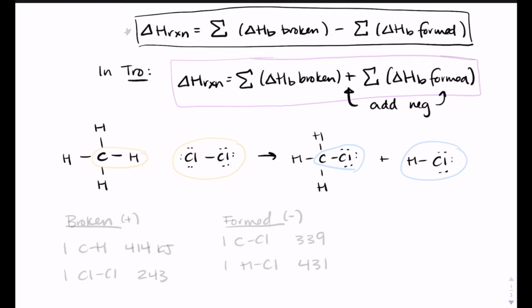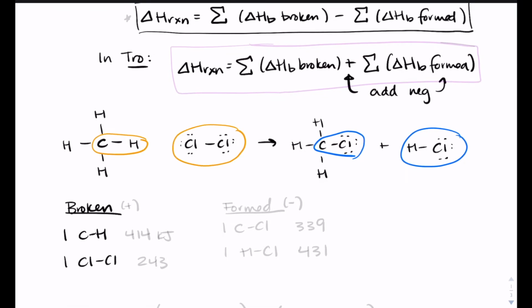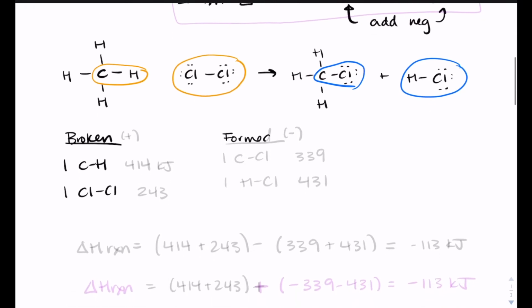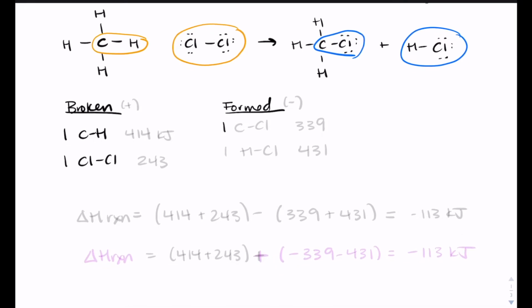So in this reaction, what is happening? Well, let's draw Lewis structures to see what's happening. I have CH4, carbon with 4 hydrogens around it, Cl2, which is just chlorine with a single bond between them, making CH3Cl and HCl. So I have all of these Lewis structures.